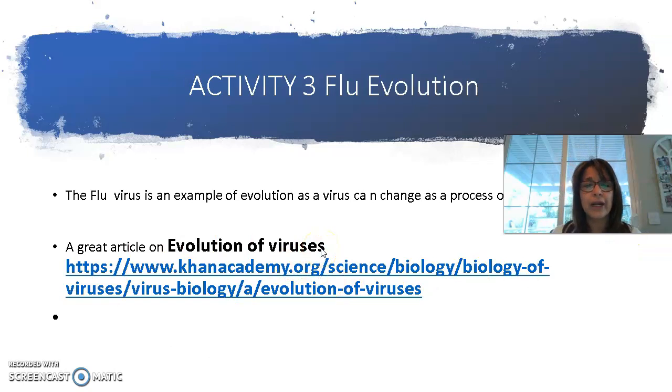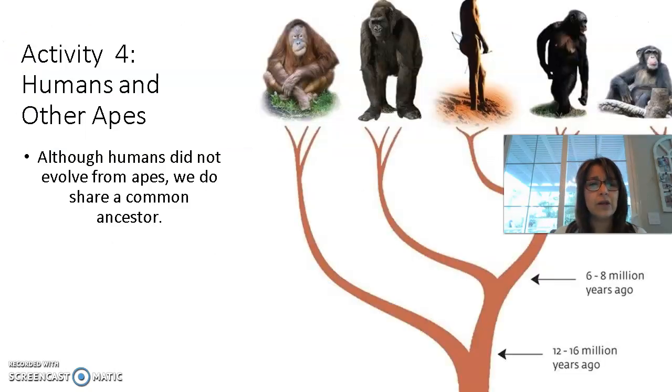You don't have to do it right now, but especially with the coronavirus and all that right now, I thought it'd be kind of cool if you guys went in and learned a little bit more about the evolution of a virus. Some of you might be getting bored at home, so I'm putting a little bit of extra stuff in here just in case you get bored at home. Okay, so the flu evolution was the reading that you guys did, and let's go on.